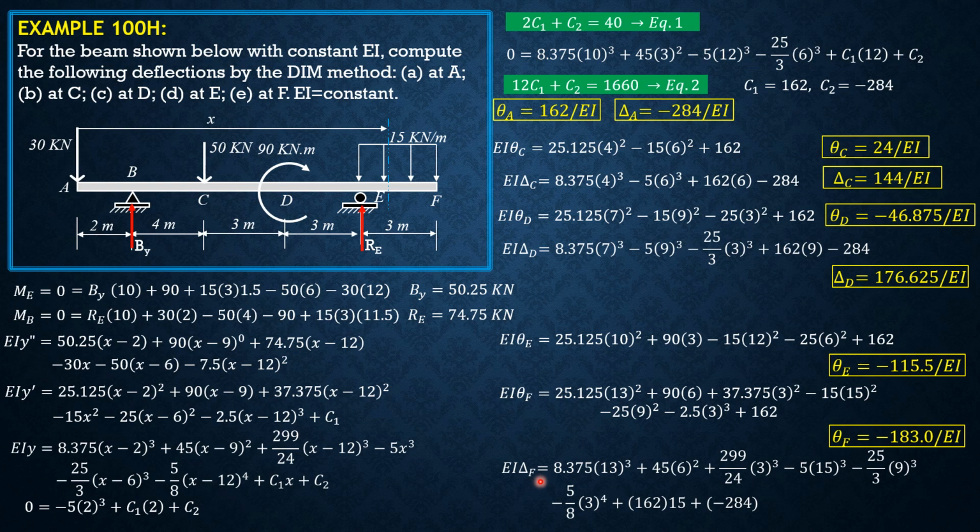So using your calculator, delta F is equal to negative 498.375. So that's it for this problem.